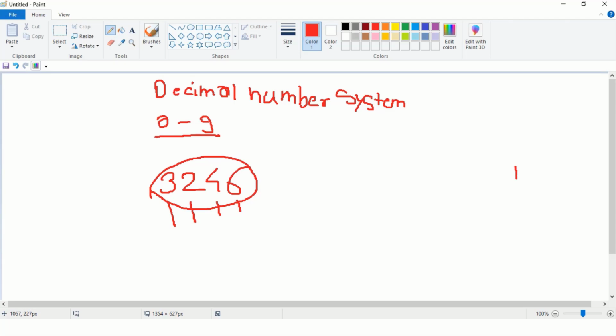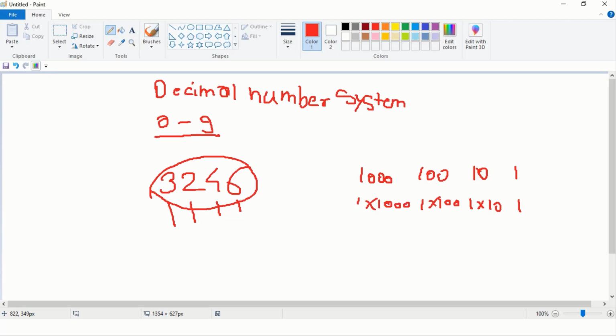First 1, then multiply it with 10, then multiply it with 10, then multiply it with 10, and so on. Means 1, then 1 into 10, then 1 into 100, then 1 into 1000. Correct.